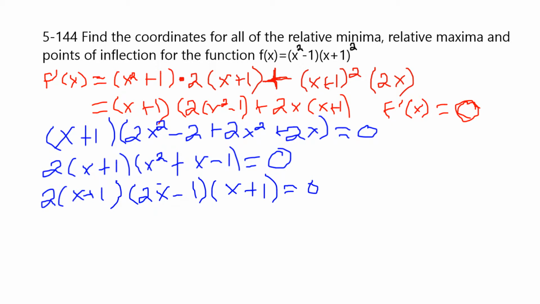Keep going, so we have 2x plus 1 squared times 2x minus 1, and then break these down into their individual parts. 2 can't equal 0, so we disregard that.